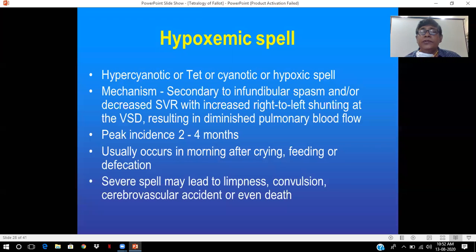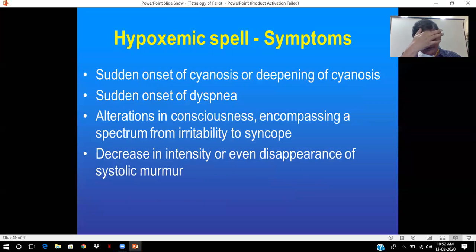The child becomes hypercyanotic, there is increased bluishness, the child will be crying intensely, is in agony, and all hypoxic spells are life-threatening. This can lead to unconsciousness, convulsion, and because of hypoxia in the brain, there can be a cerebrovascular accident resulting in hemiplegia.